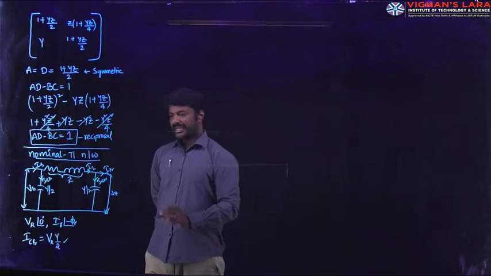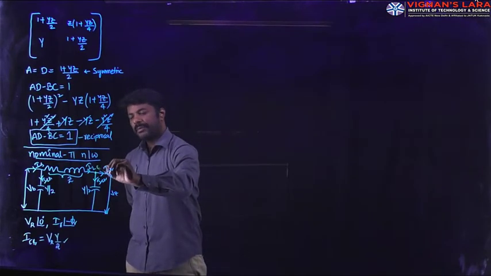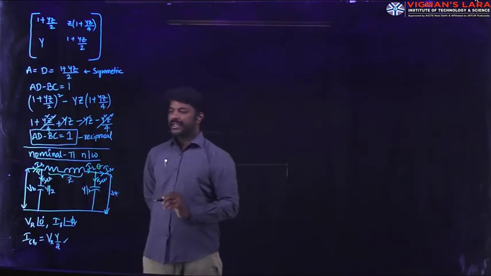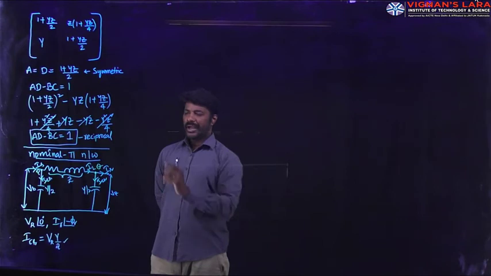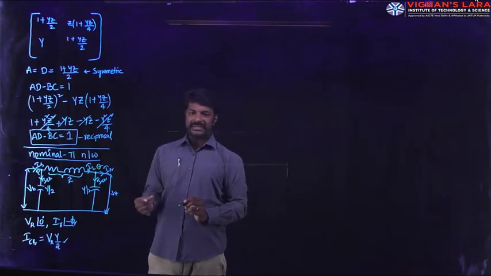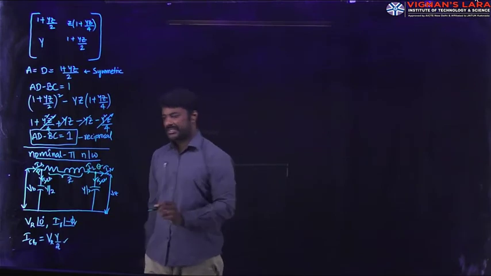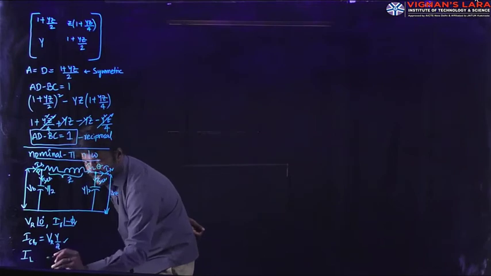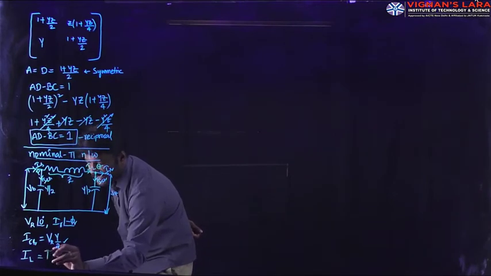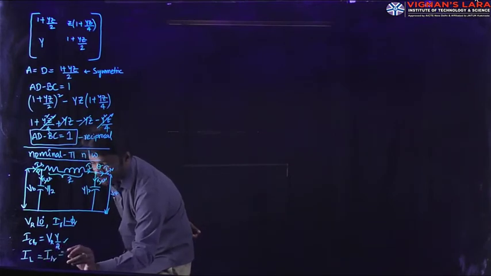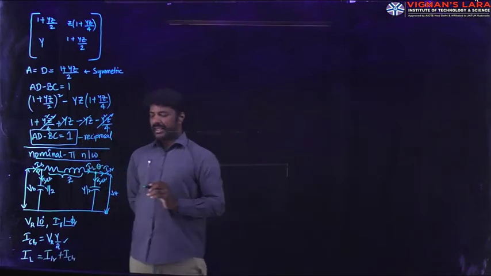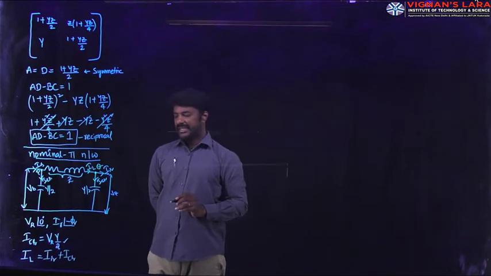So what is KCL at this node Q? Let me call this node Q and this node P. So two nodes are there here, P and Q. So at node Q, I am applying the KCL. Sum of entering currents is equal to sum of leaving currents. As per the KCL, the inductive current IL can be written as the receiving end current IR plus the capacitor current located on the receiving end side, ICR.